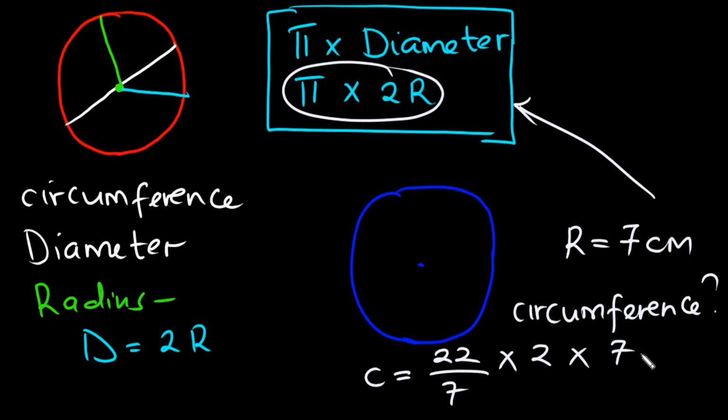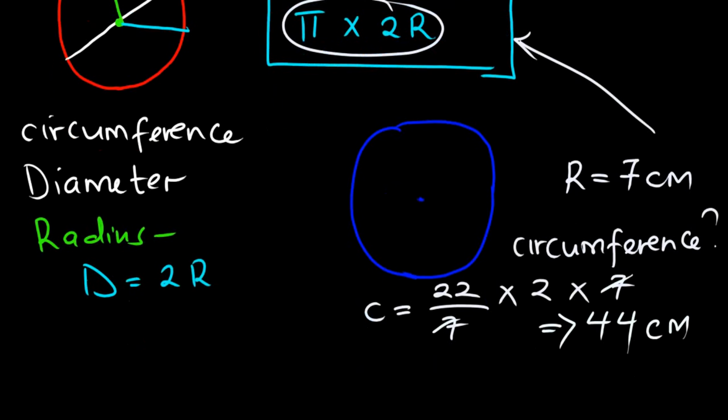You can pause the video and try to work that out. I believe you're going to work it out this way. 7 is going to cancel out with that 7, and then we're left with 22 times 2, which is equal to 44. And then the units, centimeters.